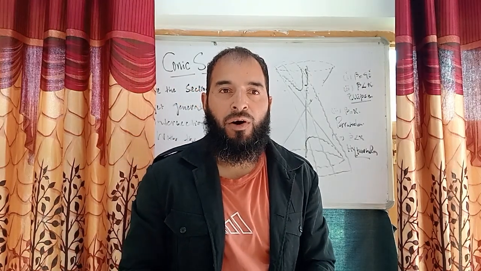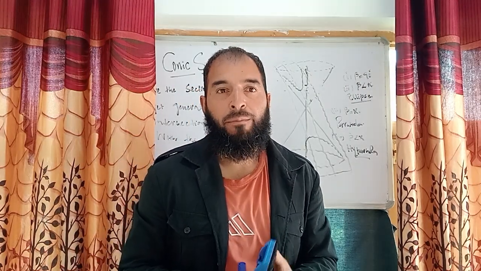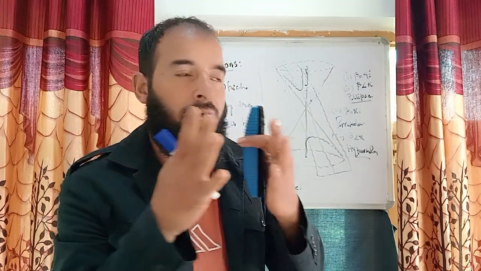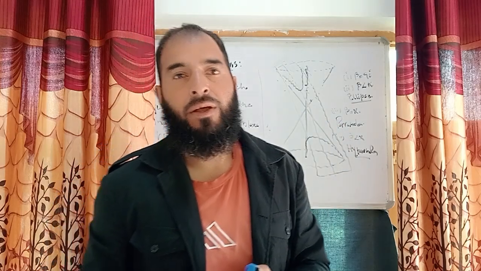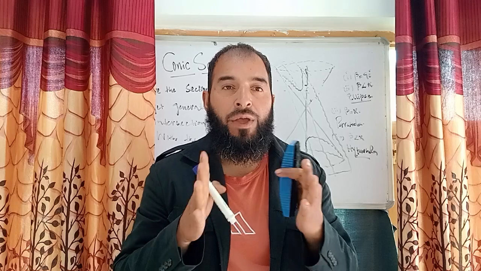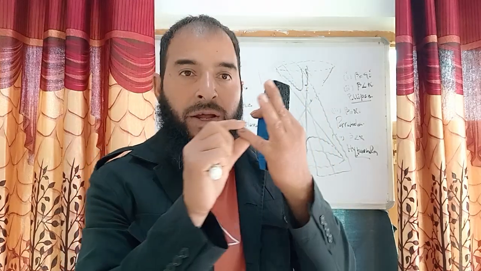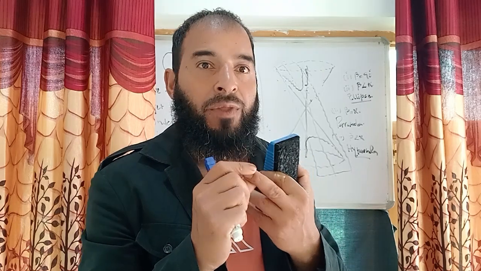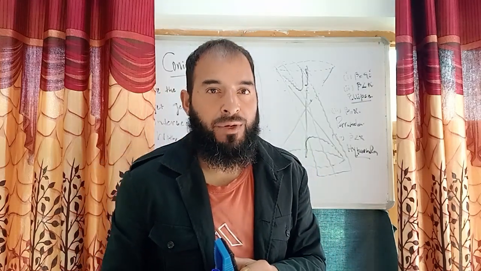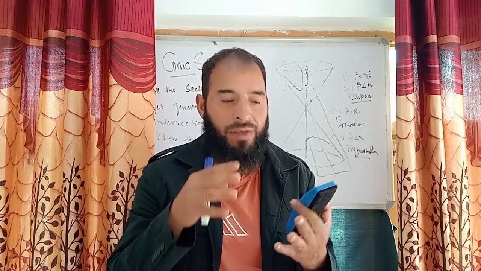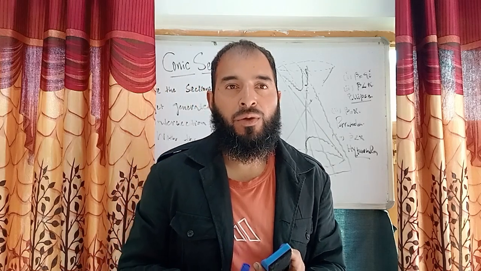So we have got four sections of the cone by slightly changing the angle between the plane and the axis of the cone: number one is circle, number two is ellipse, number three is parabola, and number four is hyperbola. Later in the coming lectures, we will go through these sections of the cone one by one.